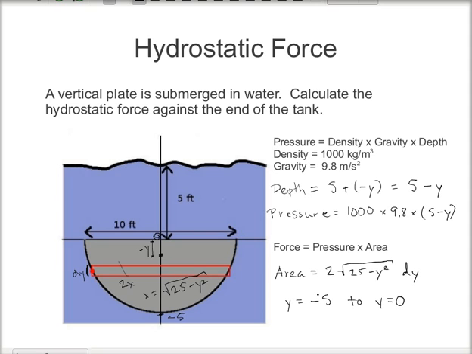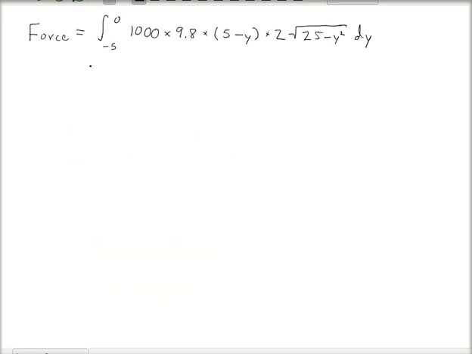Alright, so let's put that into an integral. It's going to look like this. Force is the integral from -5 to 0 of the pressure, which was 1,000 times 9.8 times 5 minus y, times the area, which is 2 times square root 25 minus y squared dy. So that's the integral I need to evaluate.